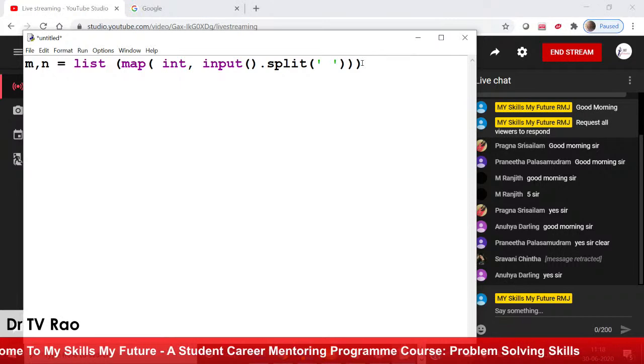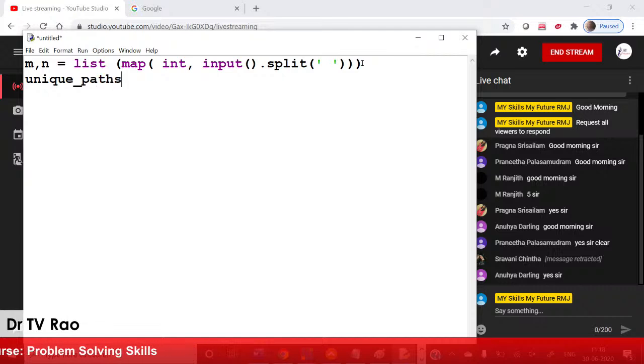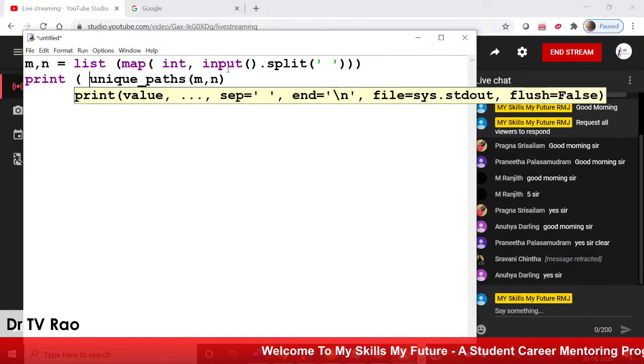Next, say all unique paths are to be found out. To them pass m and n. Okay. And print the output.